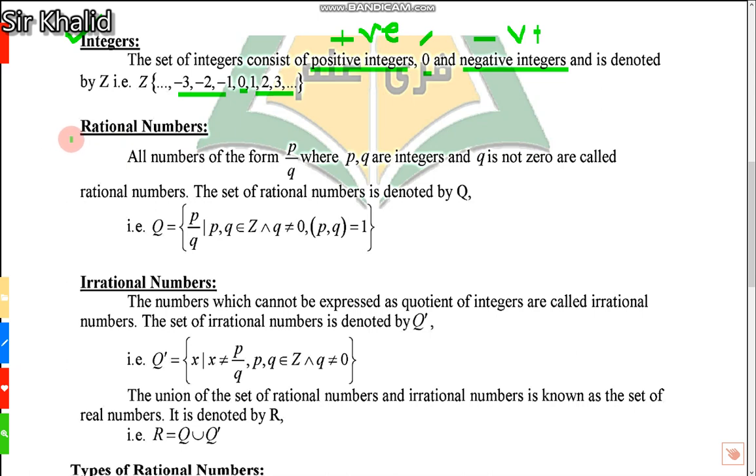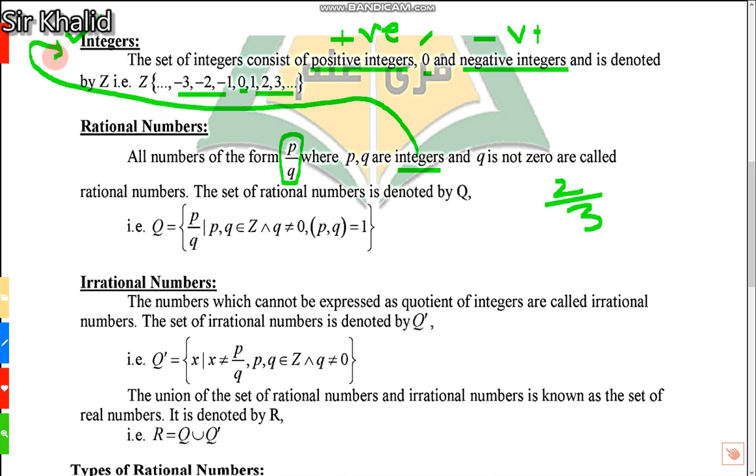Next, there are rational numbers. All the numbers of the form P over Q, just like 2 over 3, where P and Q are integers, are called rational numbers.